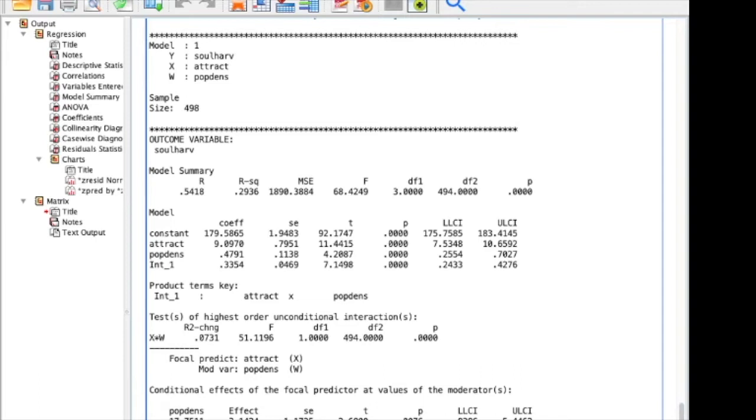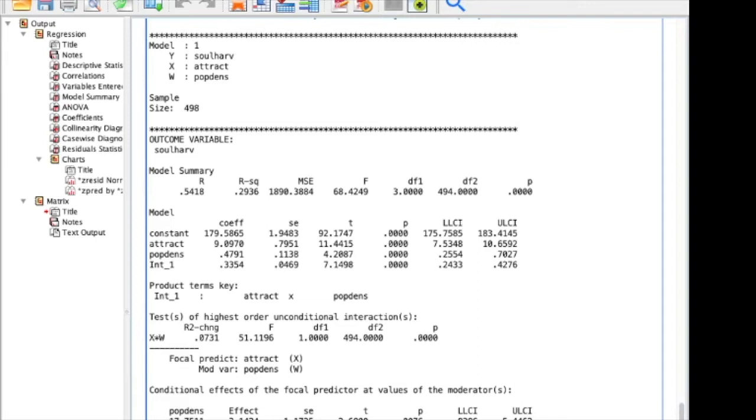You can also tell that it's the correct model because last week when we did mediation, that was M, not W. So W refers to a moderator, M refers to a mediator. I think we do it just to be silly, but it does help somewhat to curb confusion. Now your results might be slightly different depending on what your data cleaning looked like. Do not worry, it'll be similar enough.